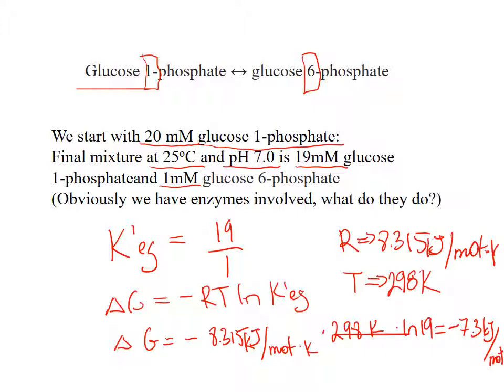That's times K here. Okay, fairly simple. We don't deviate from our standard conditions too much. All we do is we assume pH 7 and we do our calculations at T equals 298 Kelvin.